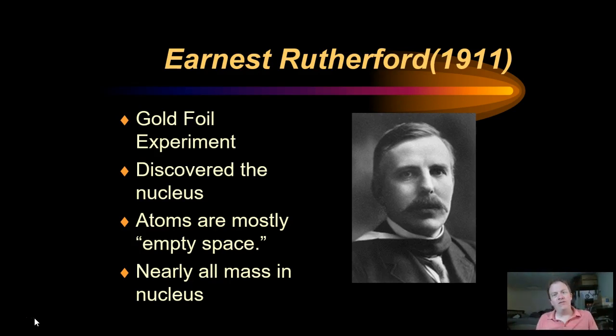So an analogy I've heard is like this. If the atom were the size of a football stadium, the nucleus would only be the size of a tennis ball. And the tennis ball would be in the center of the stadium, the electrons are sort of whizzing around on the upper deck. So that gives you the idea of the size of the nucleus compared to the rest of the atom. And all that other area would be empty space.